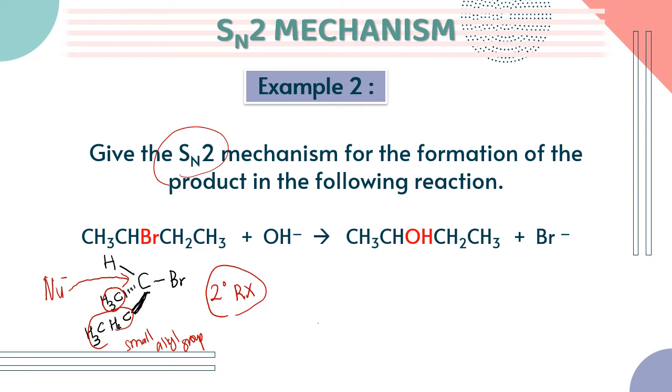Because we only have one hydrogen here, it is possible to do a backside attack. Our nucleophile here is the hydroxyl group. So now let's take a look at the mechanism step by step. Our question earlier, so now let's start drawing our SN2 mechanism.